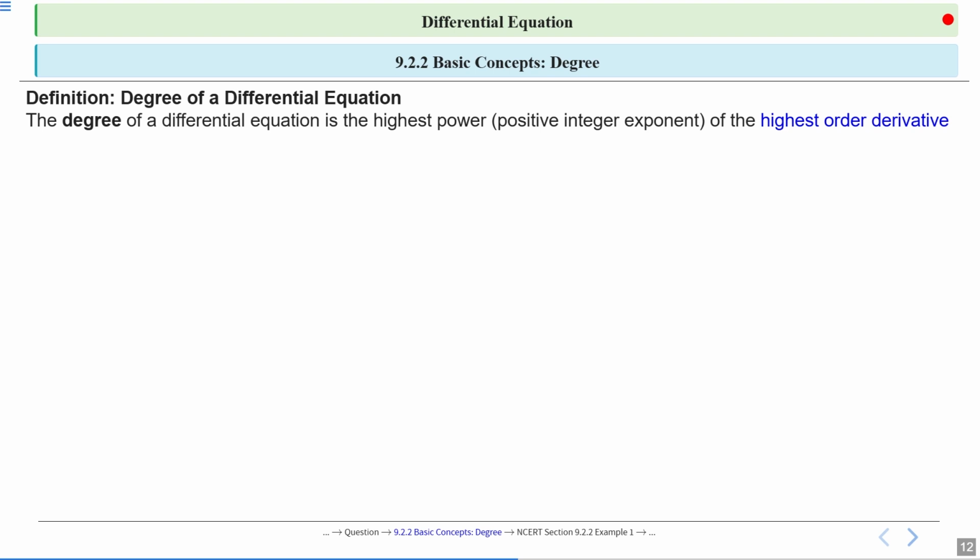It is the positive integer exponent of the highest order derivative. So to find the degree, first you have to find the highest order derivative. Then the power of that highest order derivative is the degree of the differential equation.